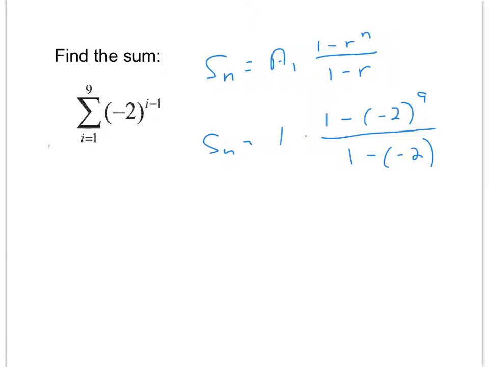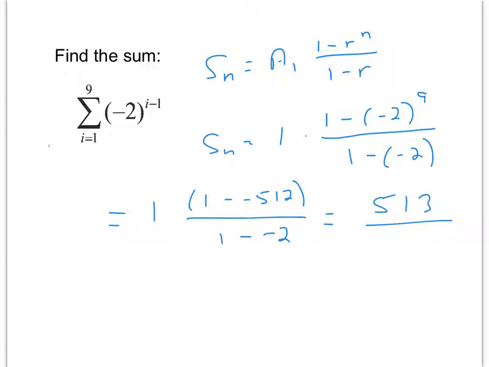Pull out your calcs. Negative 2 to the 9th power is, don't tell me I'm doing this one in my head, negative 512. So S sub n is equal to 1 times 1 minus negative 512 all over 1 minus negative 2. 1 minus negative 512 is 513, all over 1 minus negative 2 is 3.